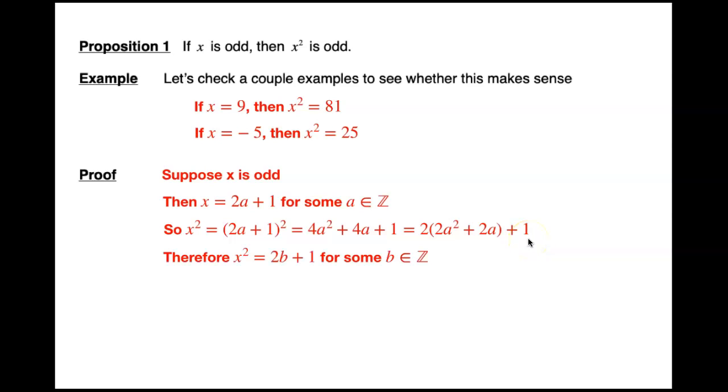Therefore, x squared equals 2b plus 1 for some b in Z. In fact, I don't specify it, but b in this case is 2a squared plus 2a, and we can be sure that 2a squared plus 2a is an integer because a is an integer. Therefore, x squared is odd, and we have completed the proof.